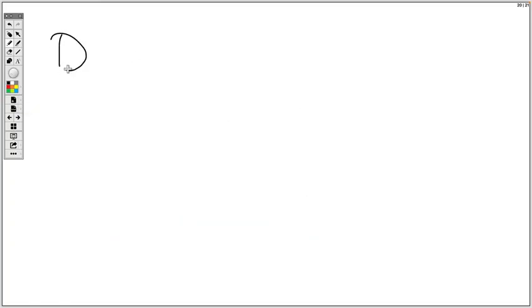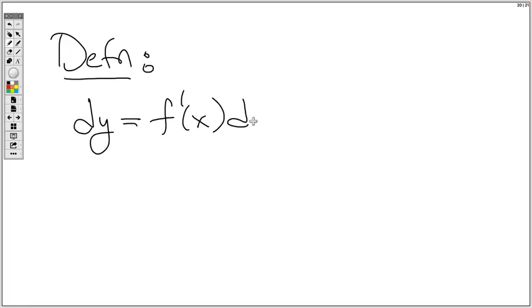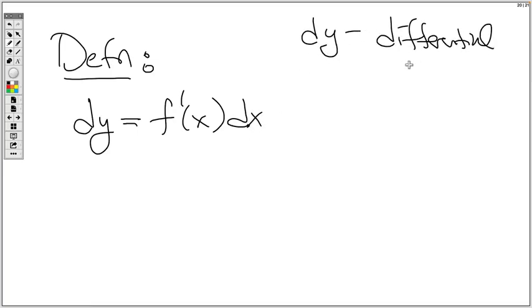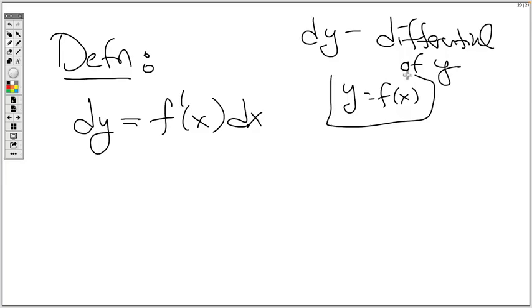So here's the definition. dy is defined to be f prime of x dx, where dy is called the differential of y, thinking of y as the dependent variable here. y is a function of x. The dx is the same as delta x.